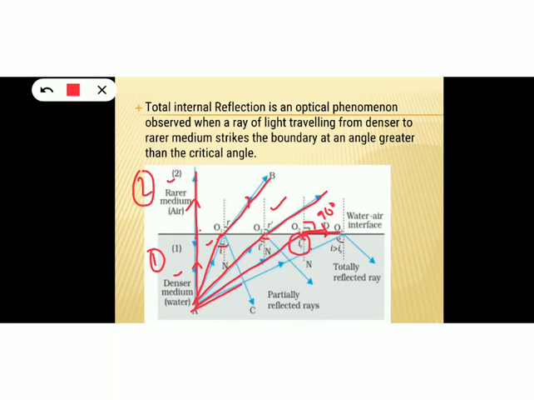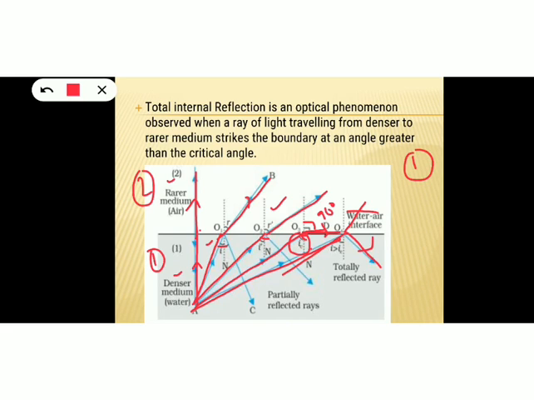And again, if the angle of incidence is increased beyond this critical angle, no more refraction is observed. The whole of the incident ray is totally reflected back. So this is total internal reflection. What are the two conditions for total internal reflection?